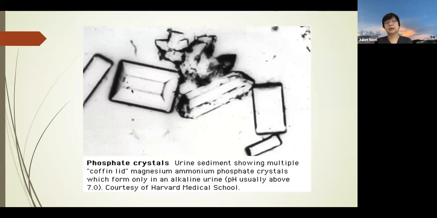These are abnormal. If a urinalysis reports coffin-lid crystals, you would think of the patient having a struvite stone, an infected stone, probably a staghorn calculus.